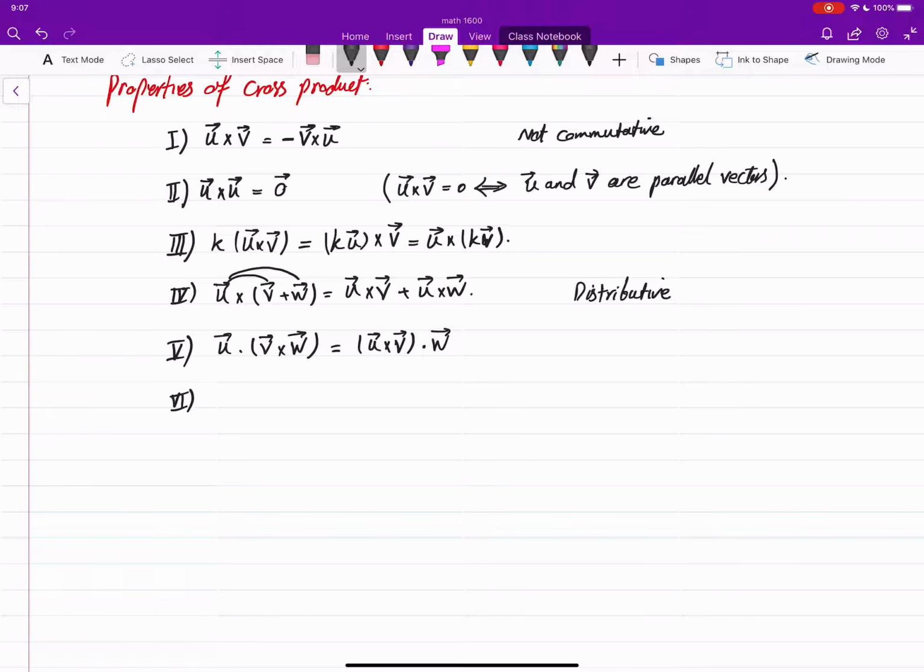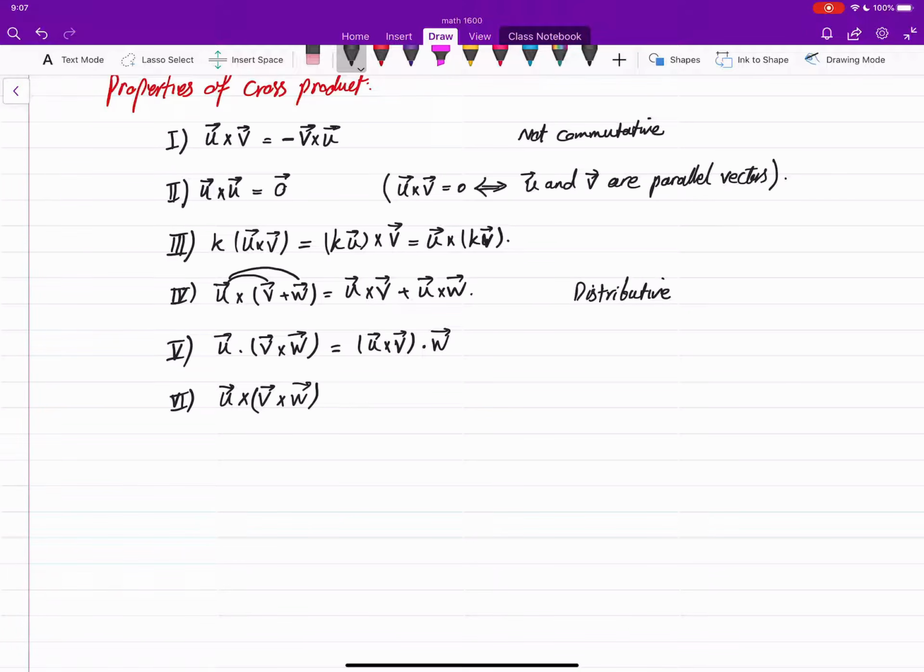And the last thing is, this is a very nice one: if you do have three vectors, you can cross product two of them, and then there will be another vector, so you can cross it with the third vector.